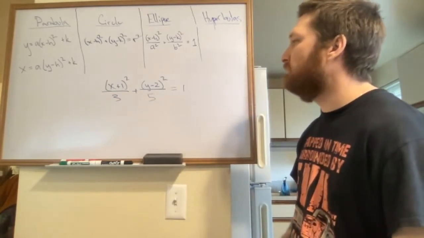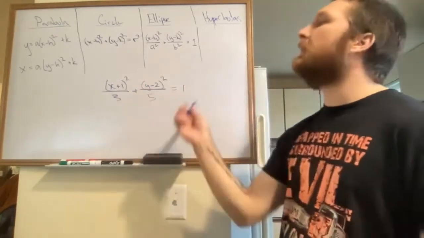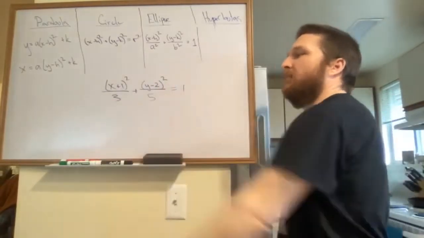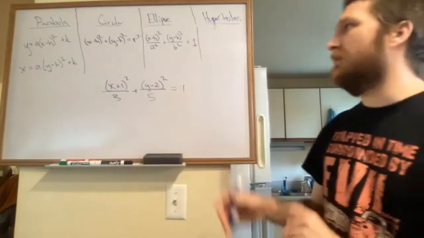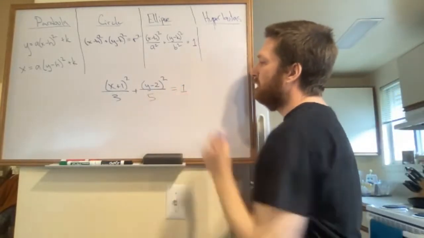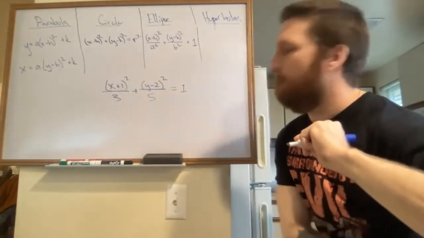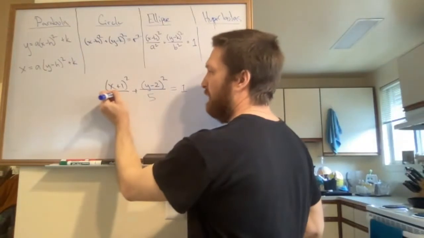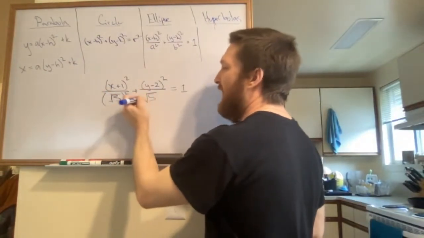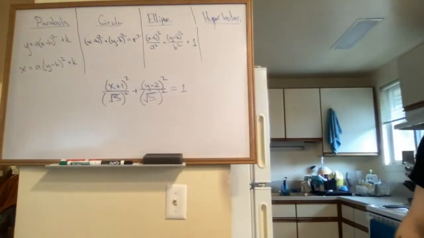So this is an ellipse, but it is not in standard form. How do I modify this to turn it into standard form? You take the square root of the bottom. There we go. We take the square root and then we square it. And so now it's in standard form right there.